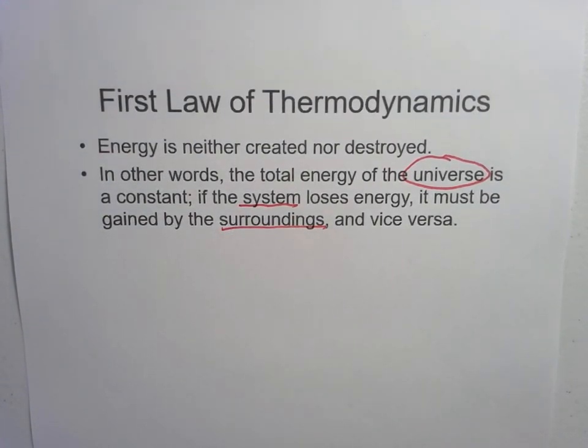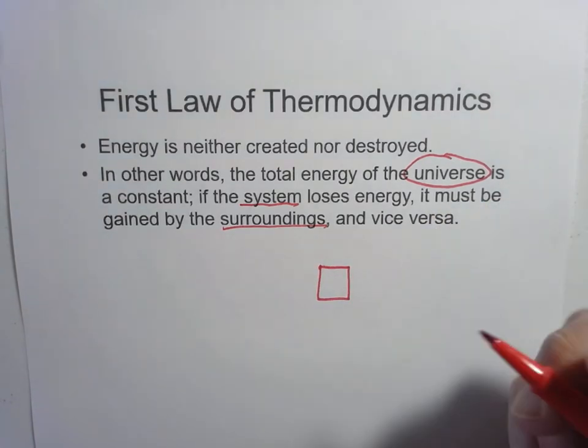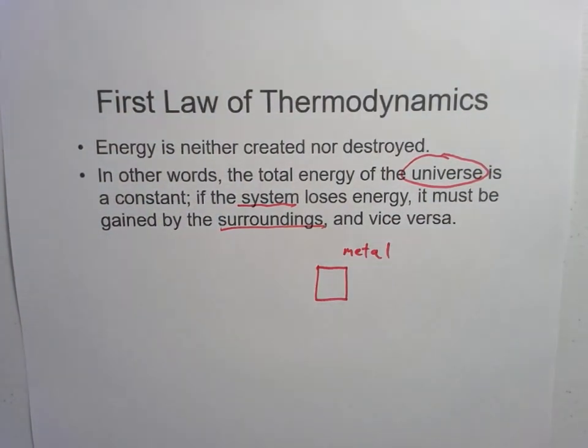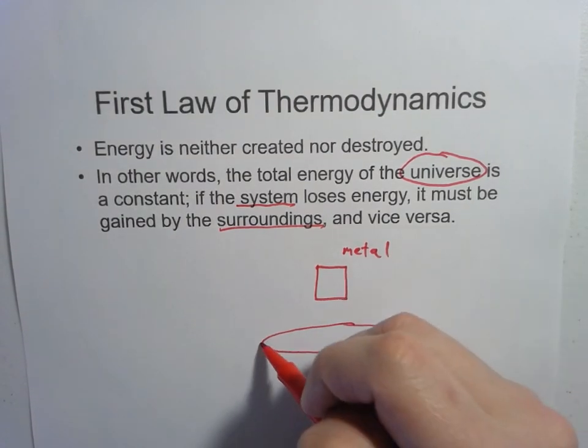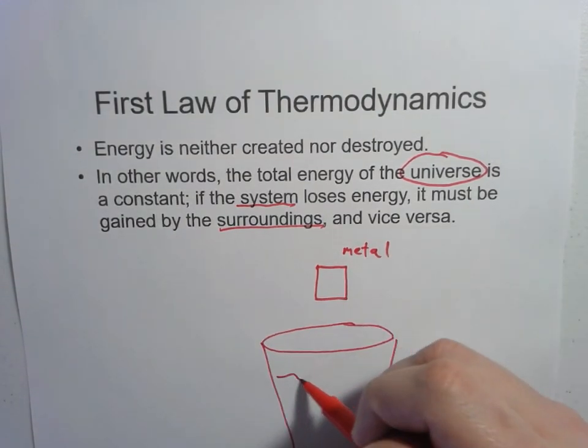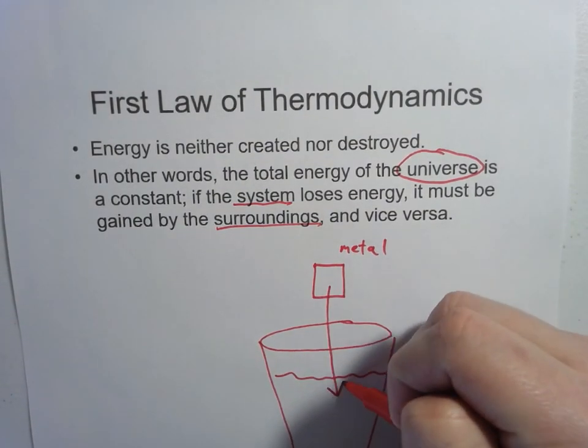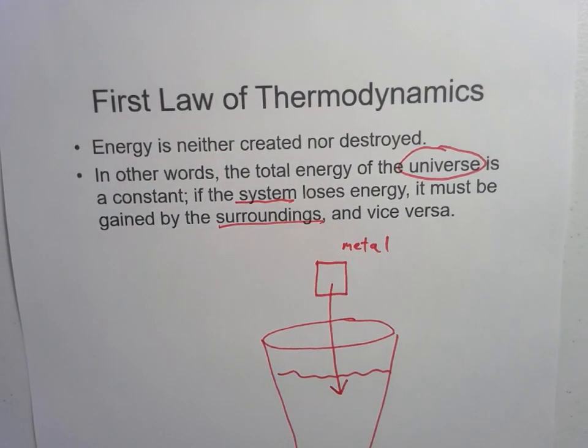For example, let's say you had a cube of some kind of metal, and a glass or cup full of water. If you drop this metal into the water, and the metal is hotter than the water, then that hot metal is going to transfer its heat to the water and the rest of the surroundings.